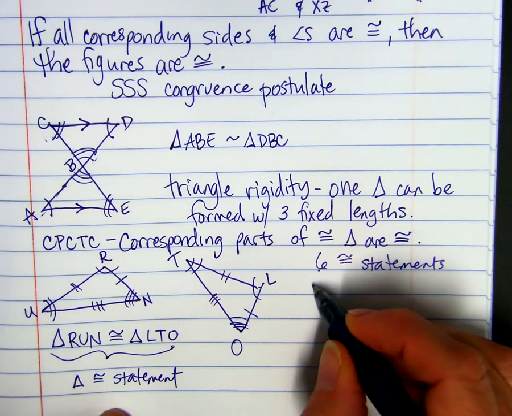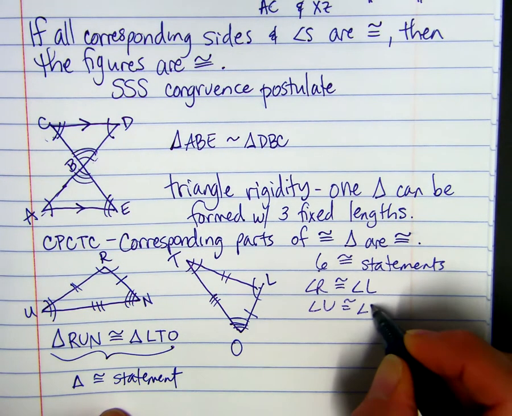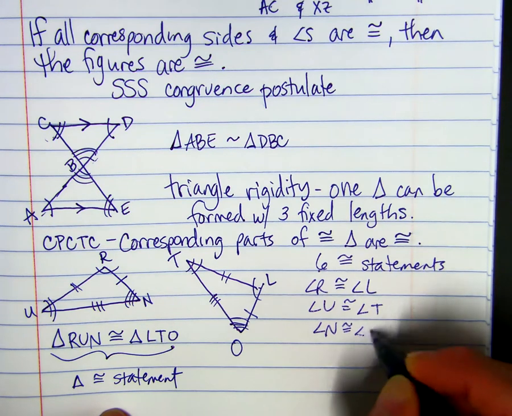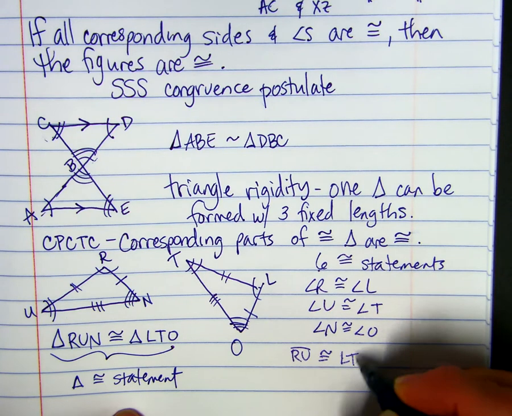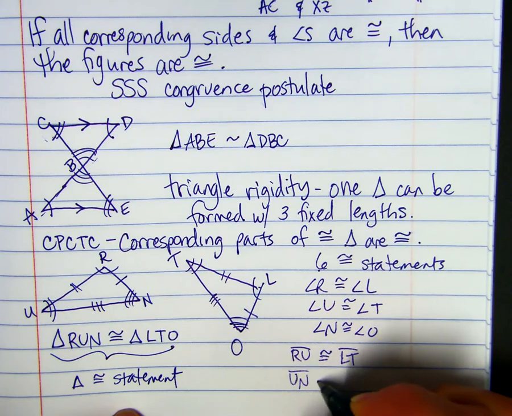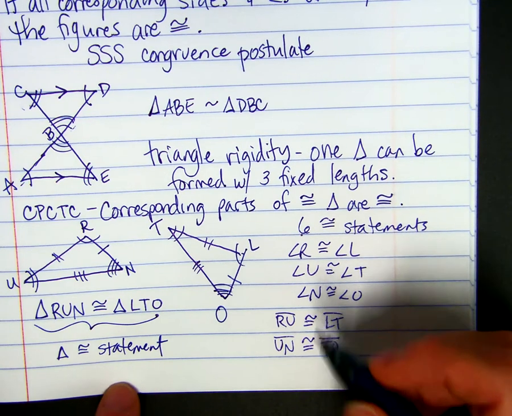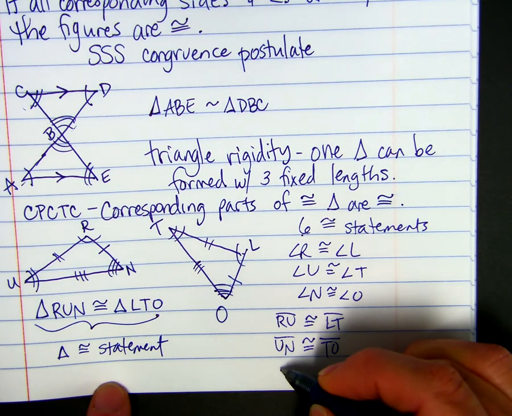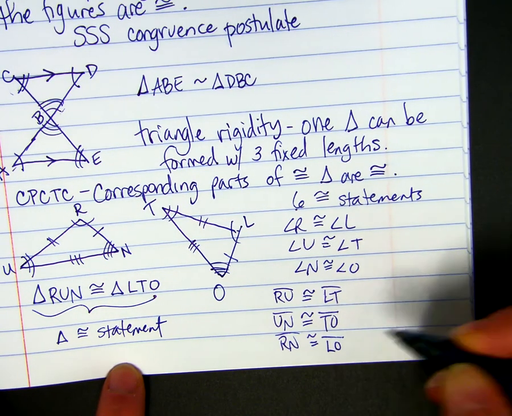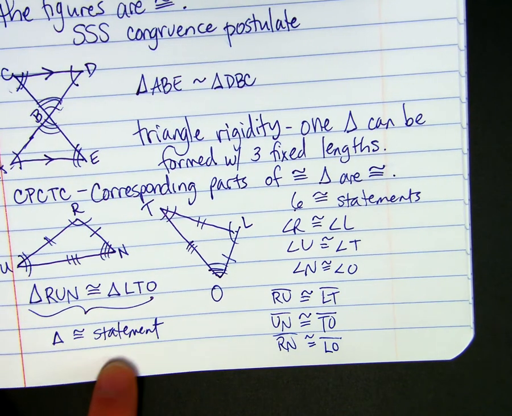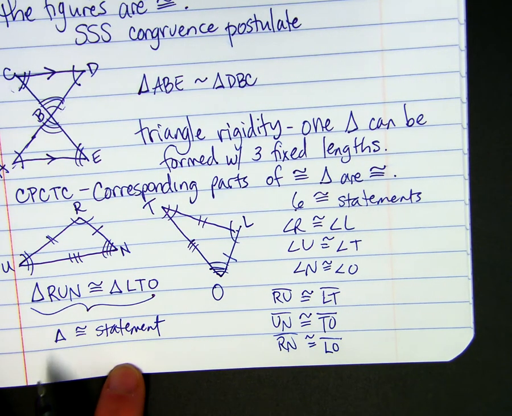So you could say angle R is congruent to angle L, angle U is congruent to angle T, angle N is congruent to angle O, segment RU is congruent to segment LT, segment UN is congruent to segment TO, and segment RN is congruent to segment LO. So these are the 6 congruent corresponding part statements, and this is called a triangle congruent statement.